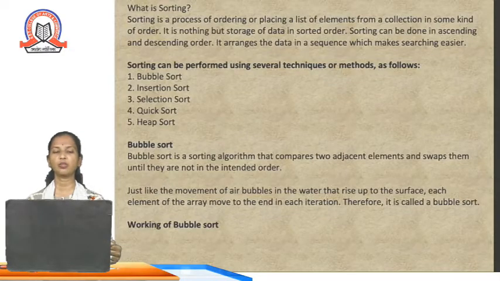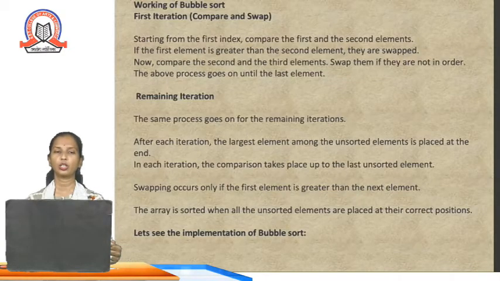Now let us see the working of bubble sort. In bubble sort there are iterations that are performed, which are also referred to as passes of the bubble sort technique. The first iteration has the task of comparing the elements and then doing the swapping. Swapping basically means interchanging the values of the elements.